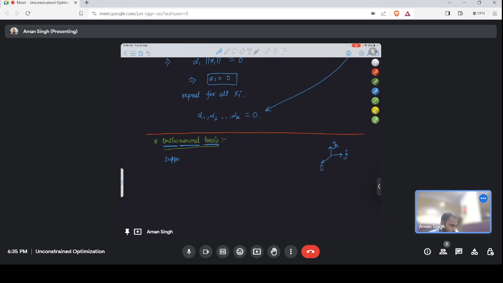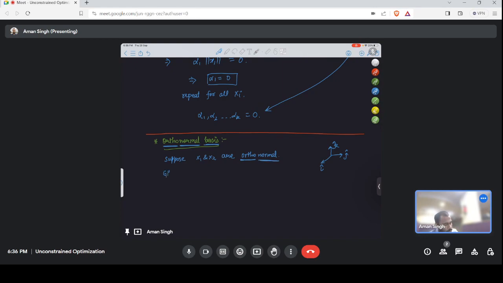Suppose x1 and x2 are orthonormal, which means they are perpendicular to each other and their individual magnitudes are 1.